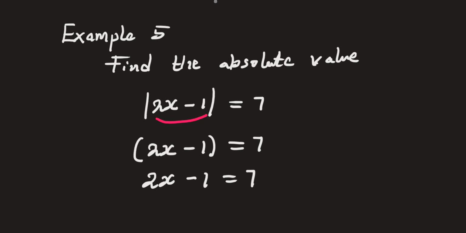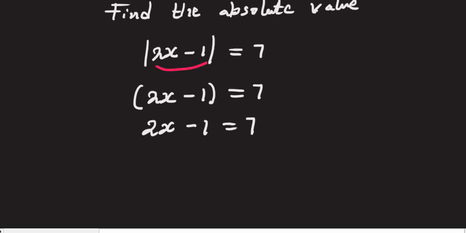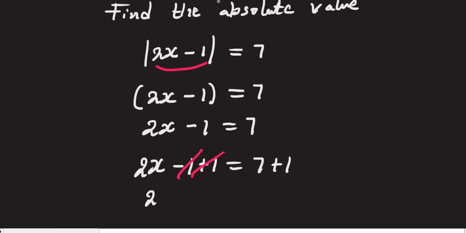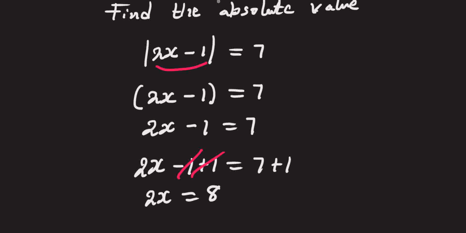Add 1 to both sides in order to isolate 2x. So this will become 2x negative 1 plus 1 is equal to 7 plus 1. So negative 1 plus 1 is 0, and 2x is now equal to 7 plus 1, and that is 8.